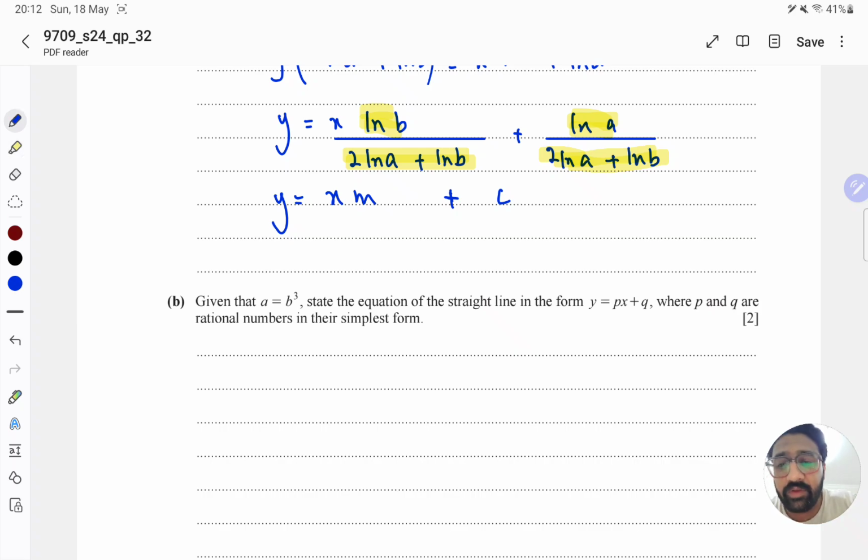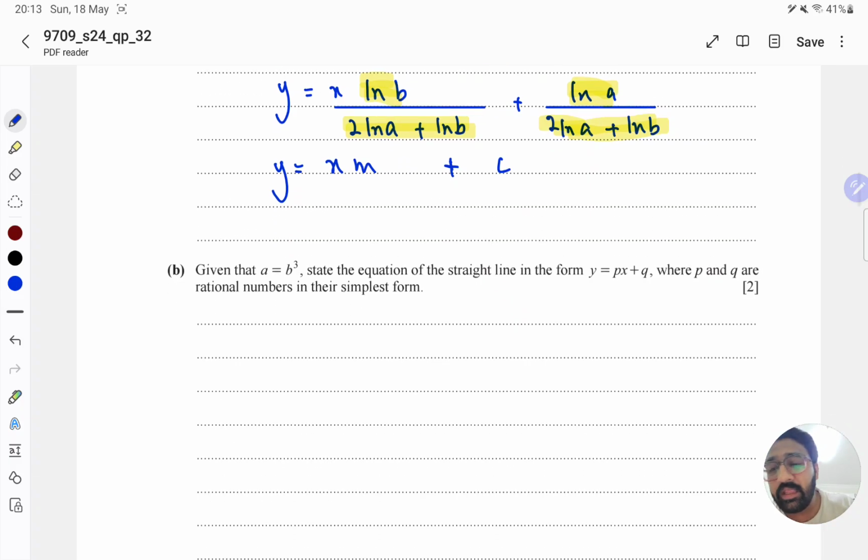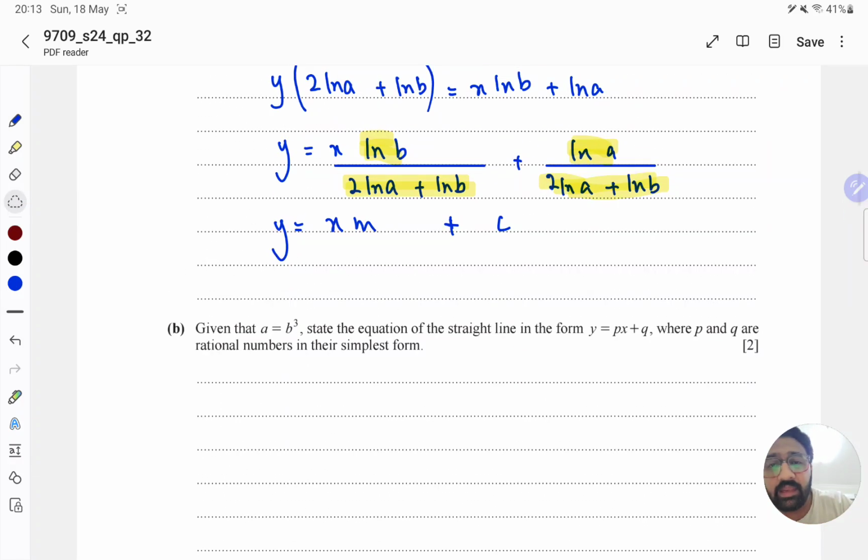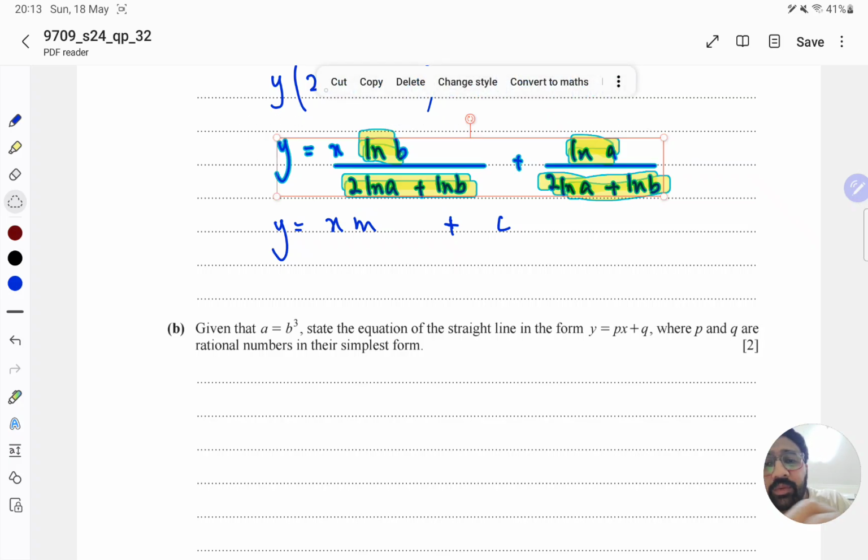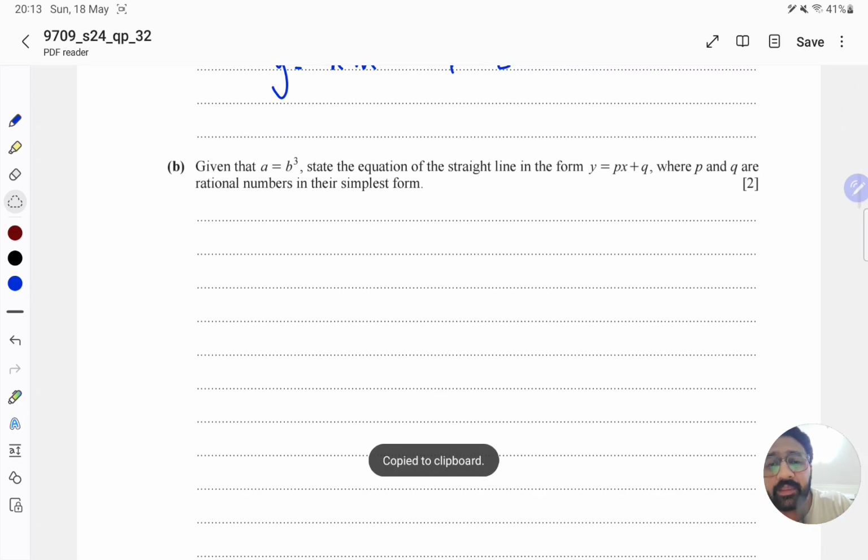Okay, so let's move ahead. Given that a is equal to b cube, state the equation of the straight line in the form y equals px plus q, where p and q are rational numbers in their simplest form. So we already have a linear equation. This is the straight line equation that we have made.